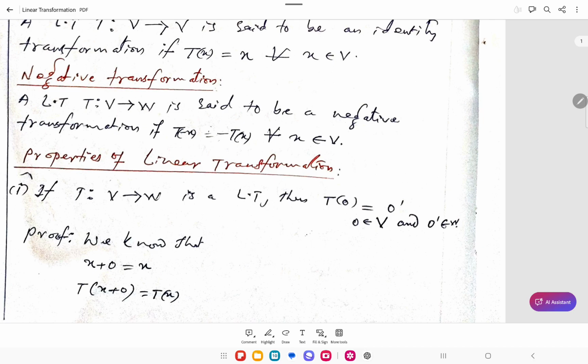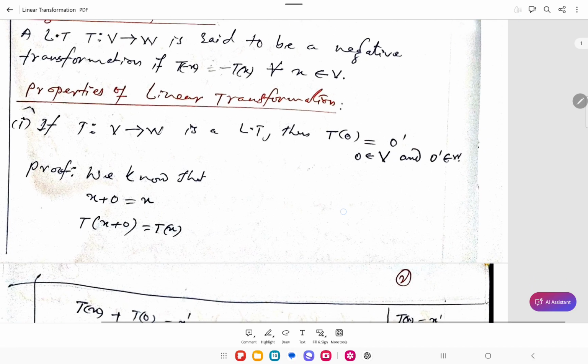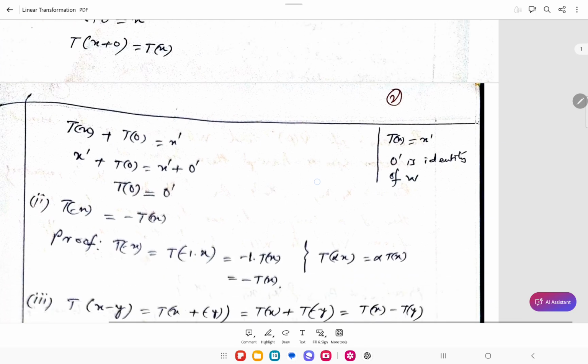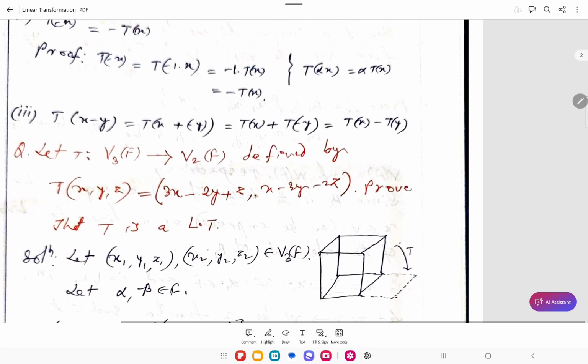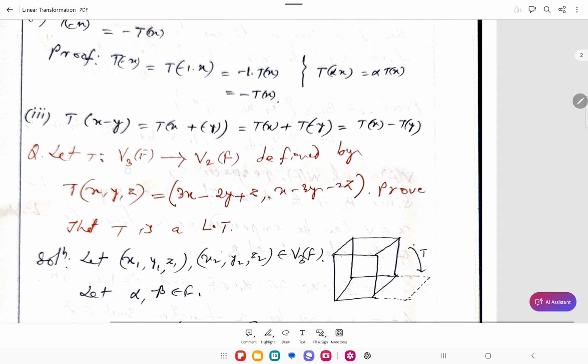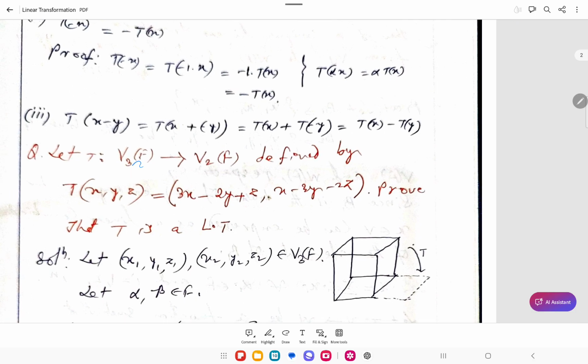So before going to the properties, we should see some examples. Of course, you will see the example of linear transformation in the following pages. This is an example of a linear transformation. Here the linear transformation function is from V3F.